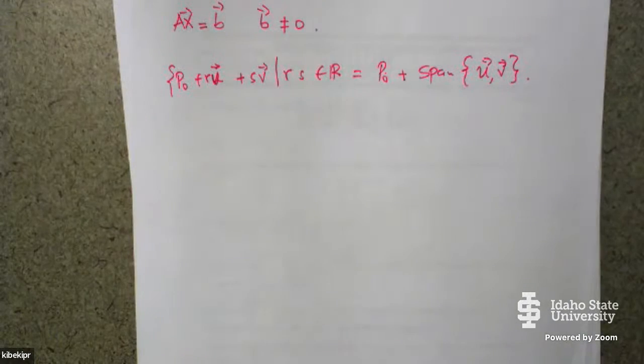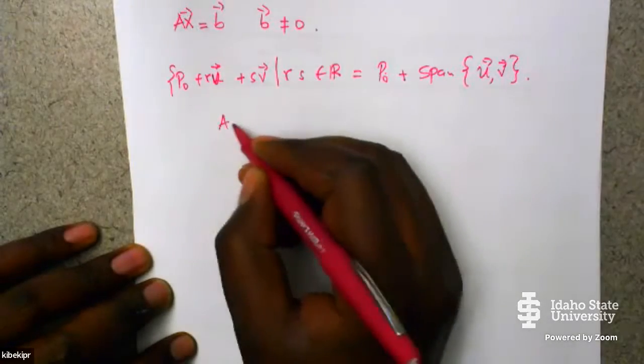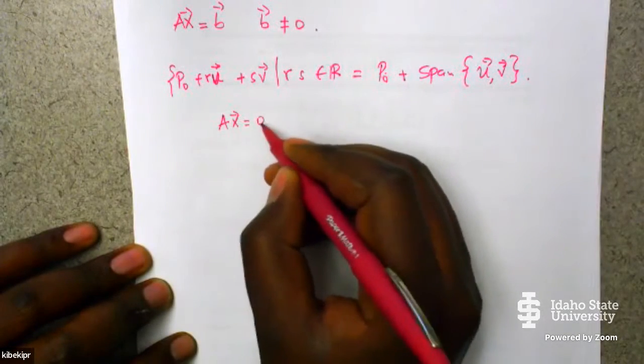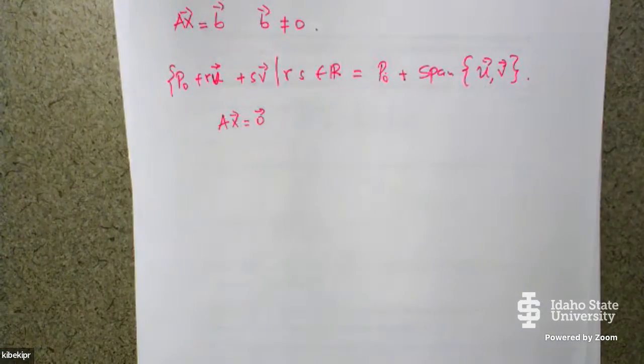Now, if it is homogeneous, it means AX equals the 0 vector.